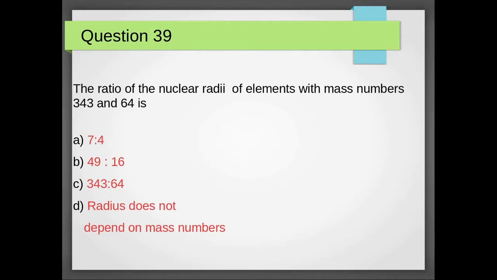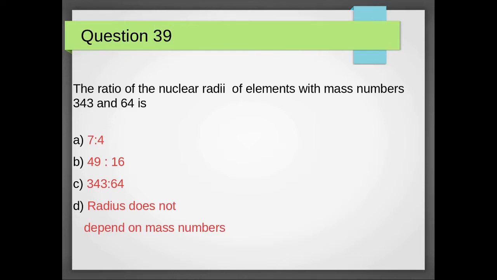Question 39. The ratio of the nuclear radii of elements with mass numbers 343 and 64 is. Here they are asking for the ratio between two elements whose mass numbers are 343 and 64. The options are 7:4, 49:16, 343:64, or radius does not depend on mass numbers.